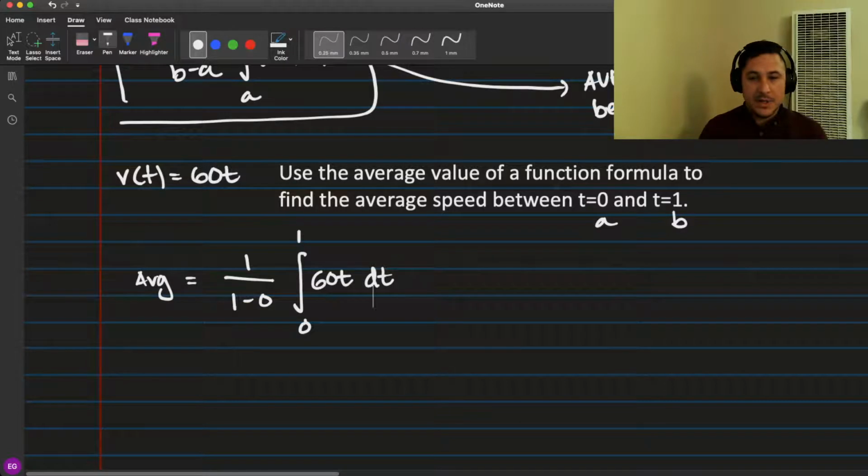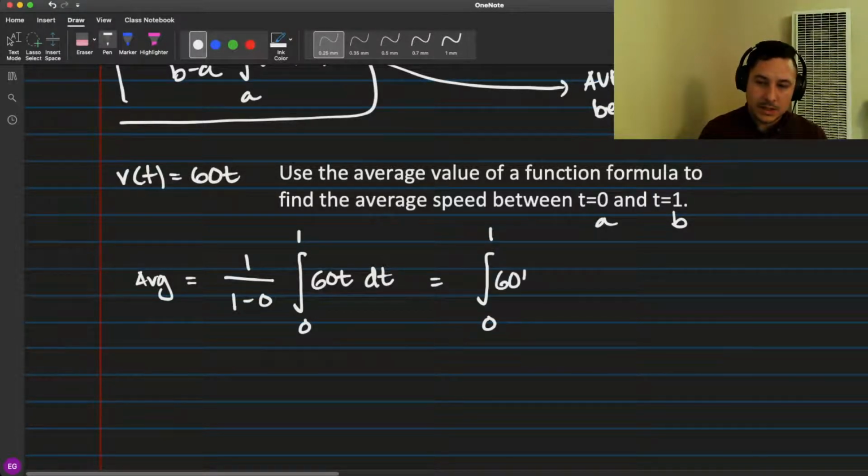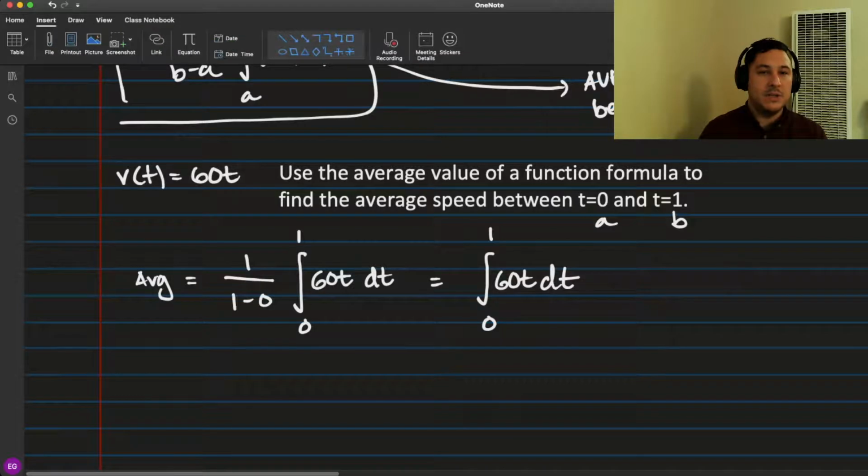Which simplifies to just the integral from 0 to 1 of 60t dt. Right now, we're just going to figure that out graphically.